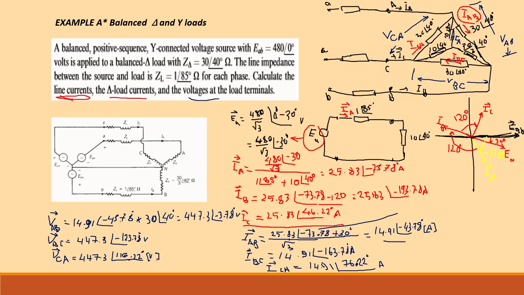Okay, these are the voltages at the terminals of the delta connected load, the voltages that we have plotted in the figure. These voltages are symmetrical voltages.